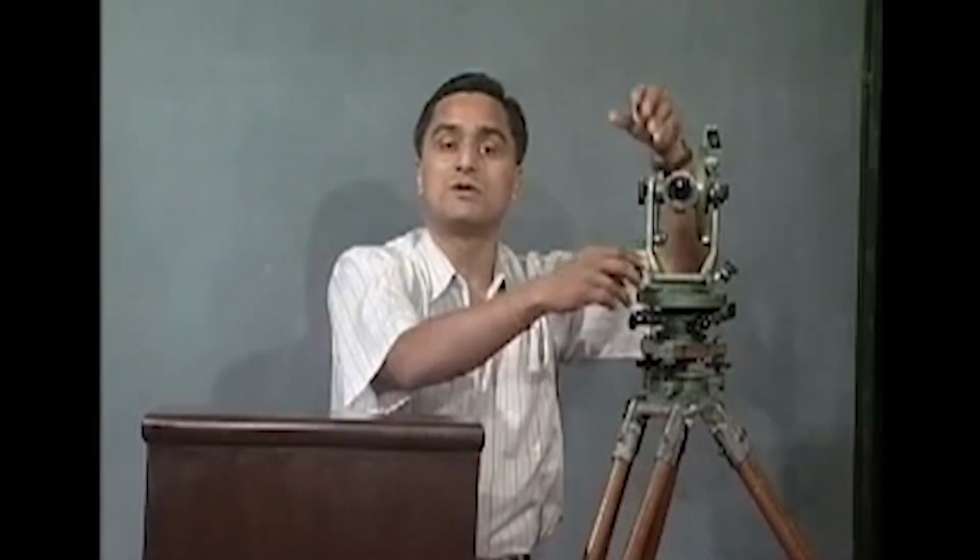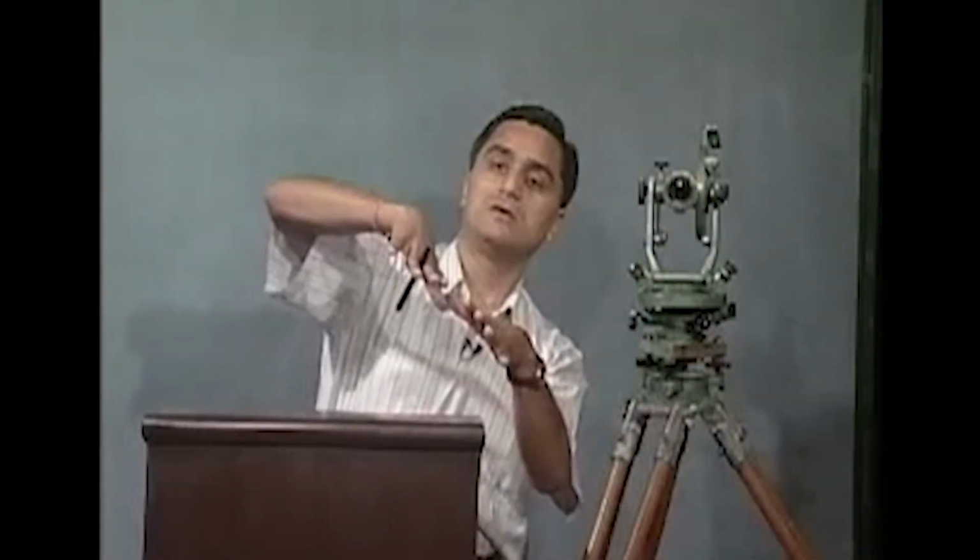So what will happen? Then my vertical axis will not be vertical. In order to have the vertical axis vertical, it should be perpendicular to this, but it is not so. Now if my vertical axis is not vertical, my horizontal circle will be inclined, the entire instrument will incline.